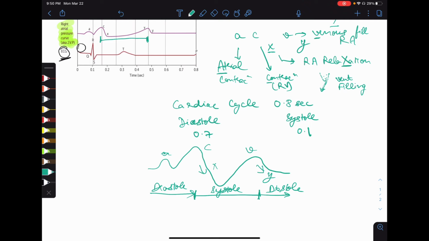So I will break the systole into: C is the early systole, X descent will be the mid systole, and V will be the late systole. Likewise, I will break diastole into two parts because it has A and Y. Diastole starts after the systole, so Y will be the early diastole, and A will be the late or end diastole.